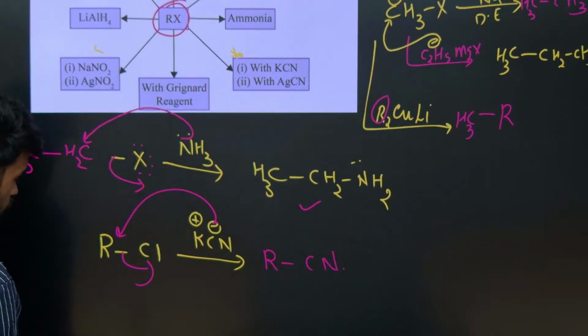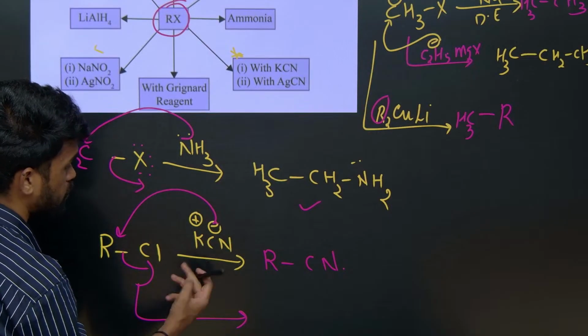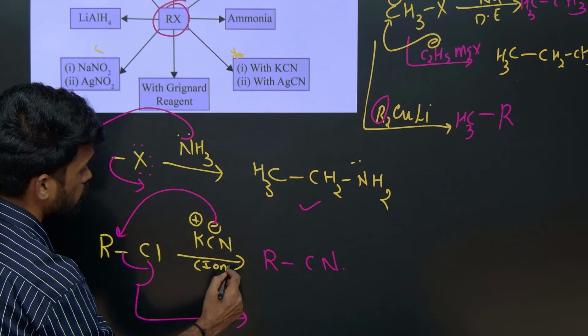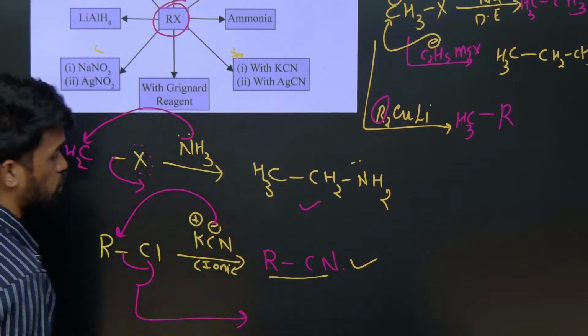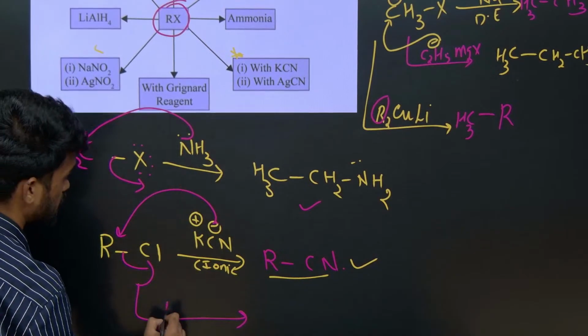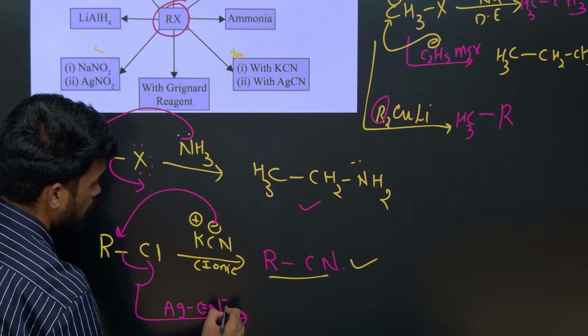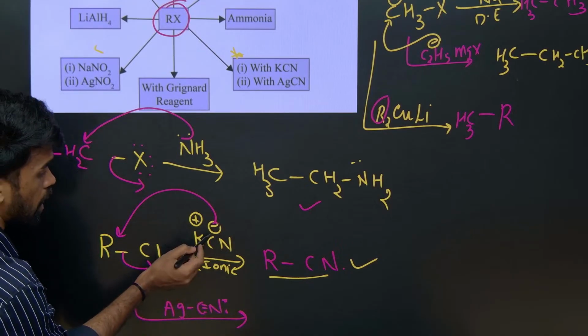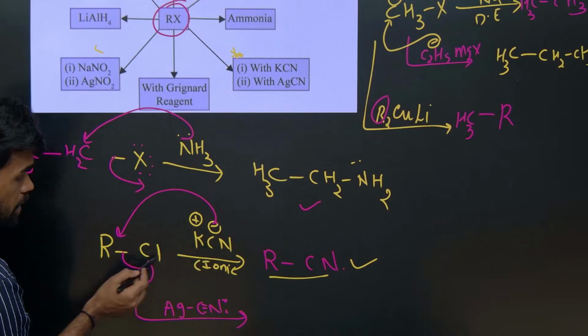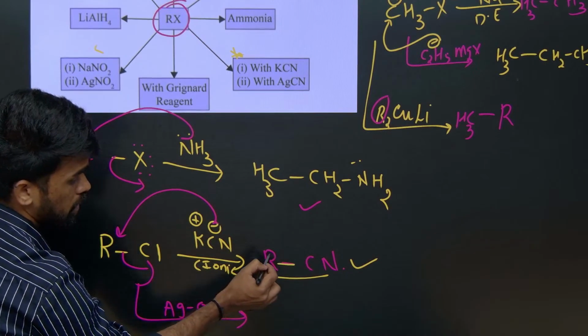Then next, when it is reacting with AgCN, I am saying this is covalent, while KCN is ionic. In the previous case, the carbon of the cyanide forms a bond with the alkyl group.